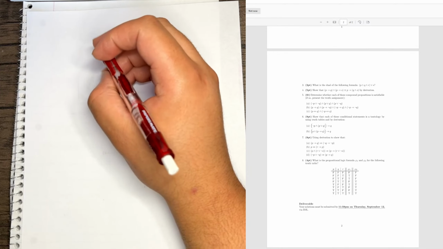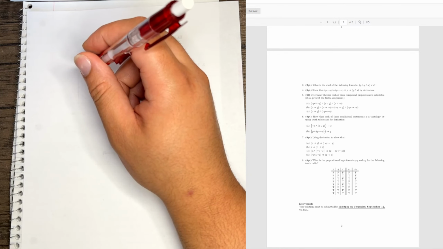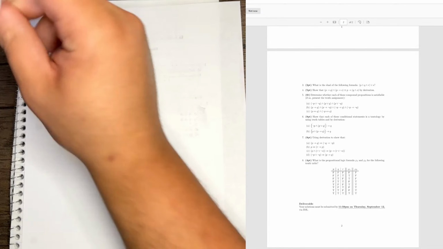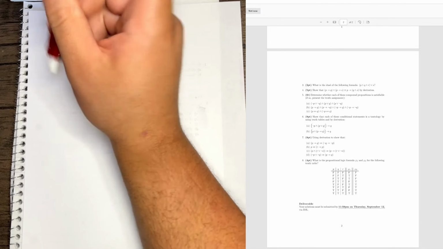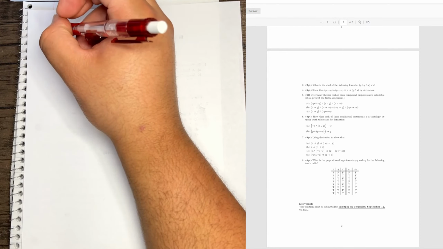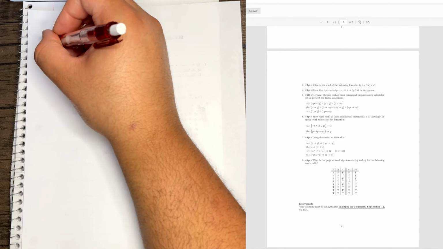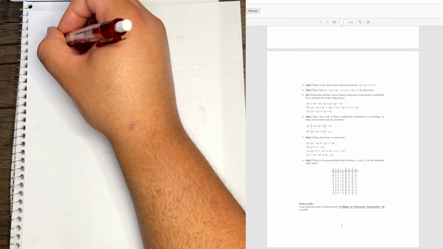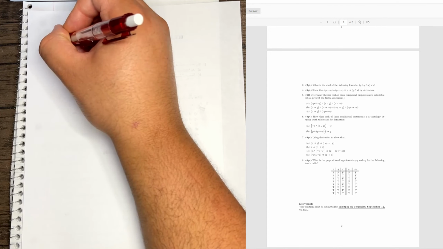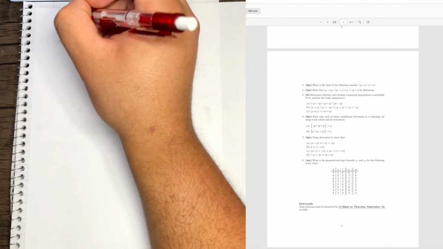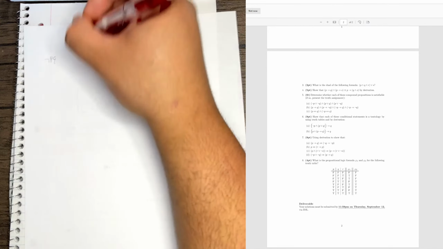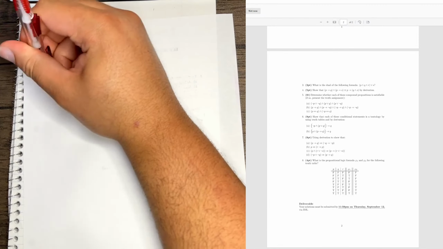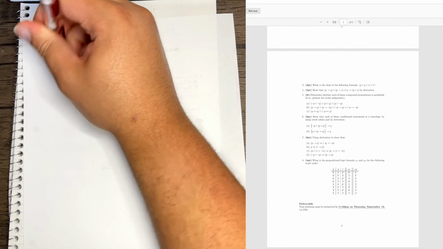Let's say we have... I'm going to do it my way just to make it easier for me. That's an or, so we do not PQ. That P and Q is going to be negated all together, so I want to do that on the outside.